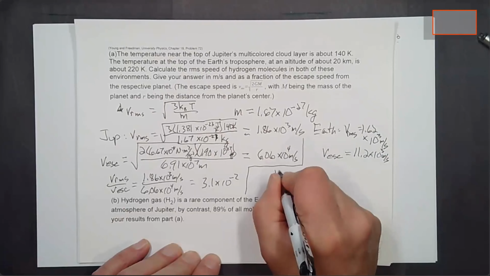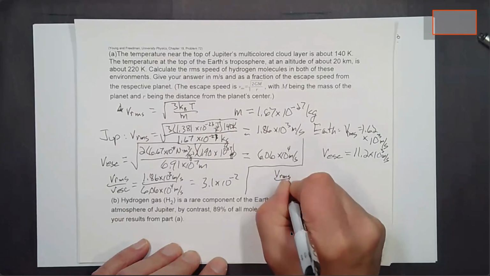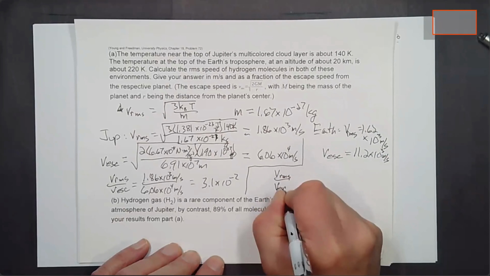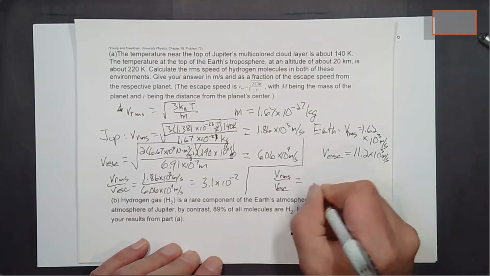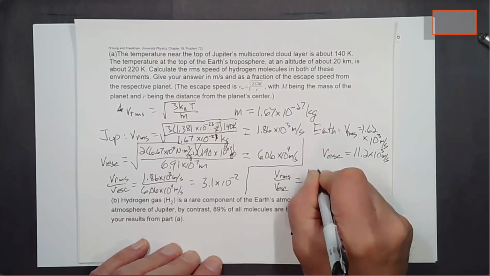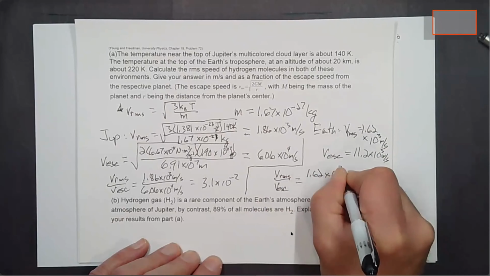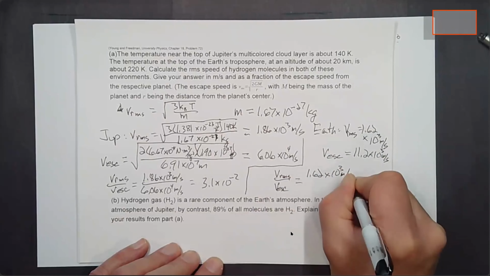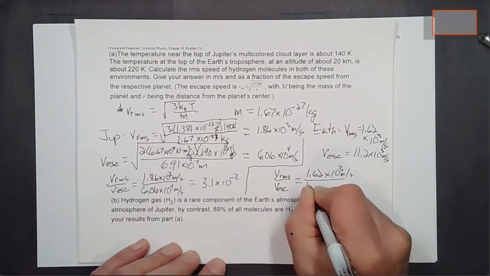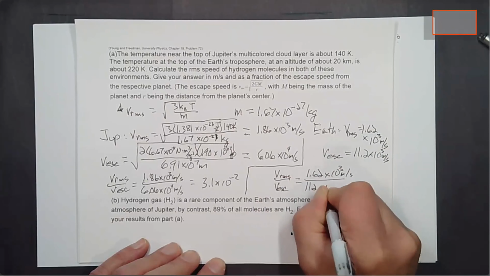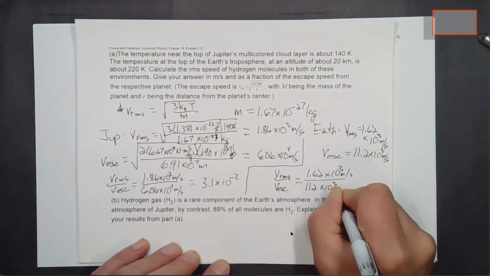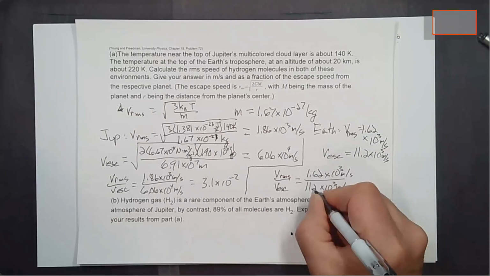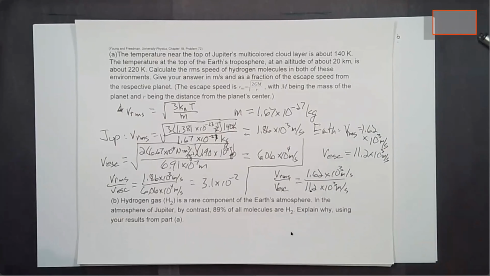So the VRMS over V escape for Earth is 1.62 times 10 to the third meters per second divided by 11.2 times 10 to the third meters per second. So 1.62 divided by 11.2 is what it is.